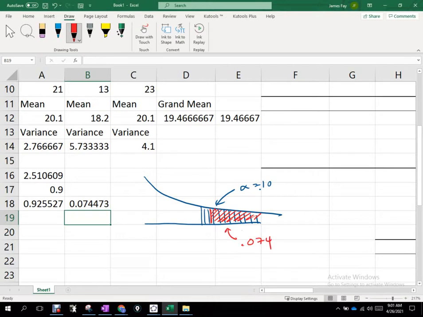That's our p-value. Is the p-value less than alpha? Is 0.074 less than 10%? So just like always, do we reject H sub 0?